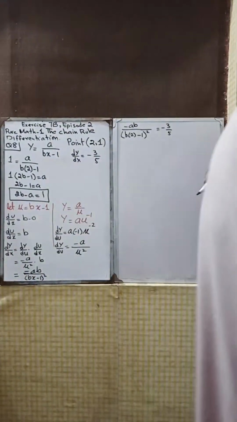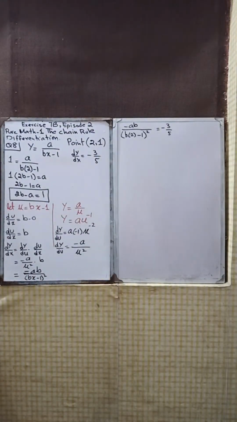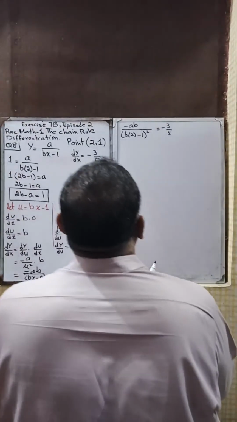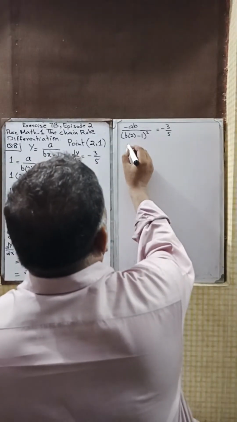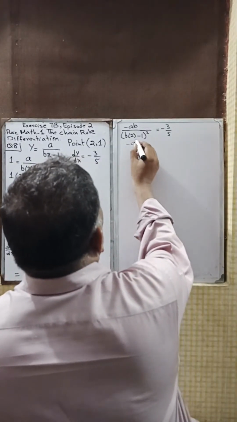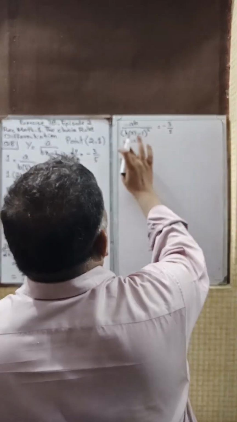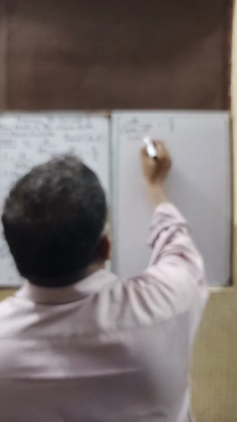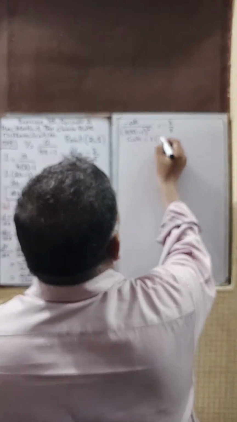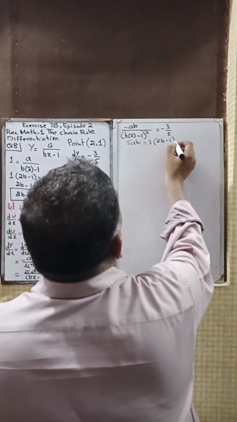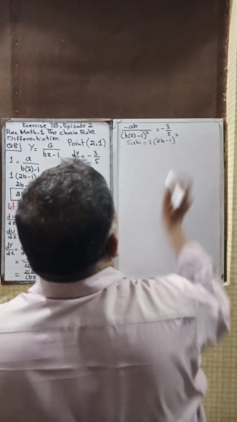From here, the minus will be gone, and this 5 will come here: 5ab equals 3 into (2b minus 1) whole square.